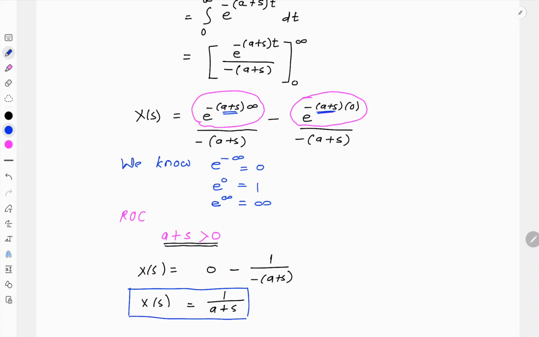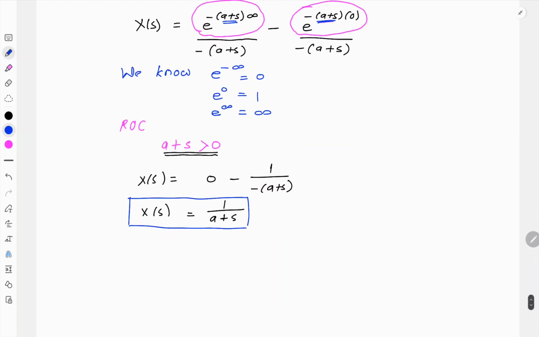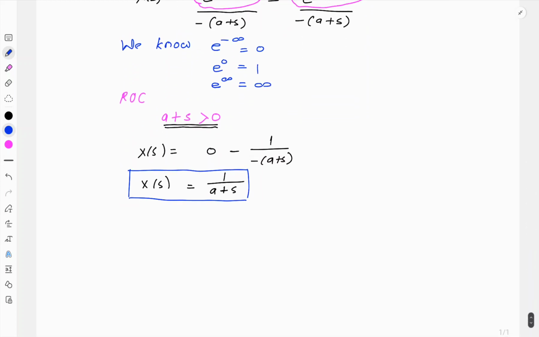But remember, this doesn't complete the entire numerical. Here it is mandatory to plot RoC. To plot RoC, we have to draw the S-plane. S-plane is nothing but sigma versus j omega, and for this RoC we have got a condition that a plus s should be greater than 0.